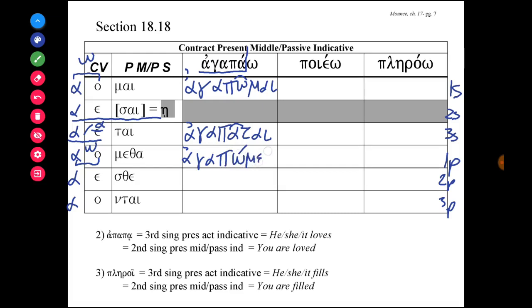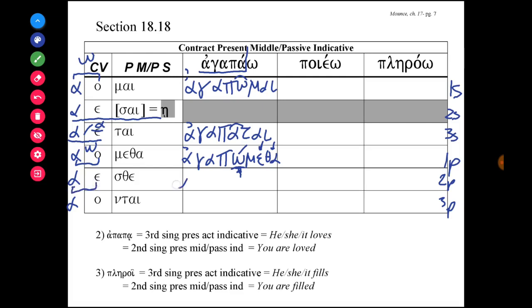Agapometha. Now notice I used an acute accent because here is where the vowel contraction takes place, but there's a rule for accents that circumflex accents can only fall on the last two syllables. And since the contraction falls here on the third syllable, it has to be an acute accent.